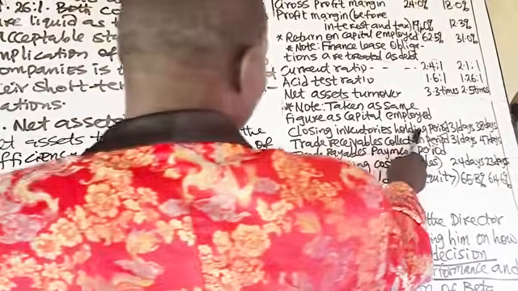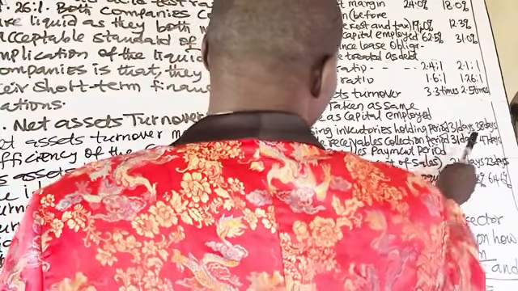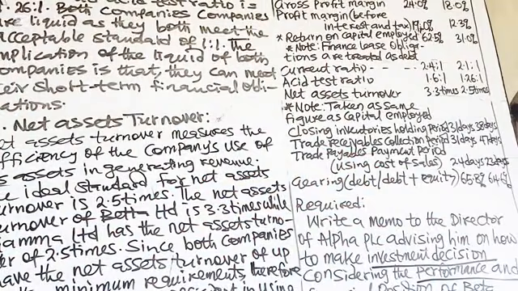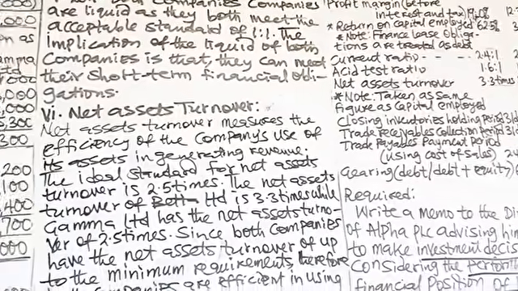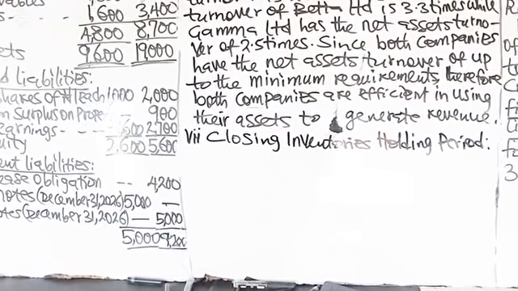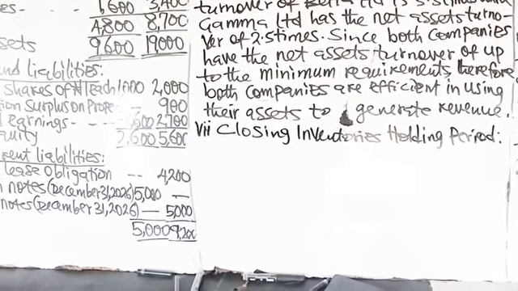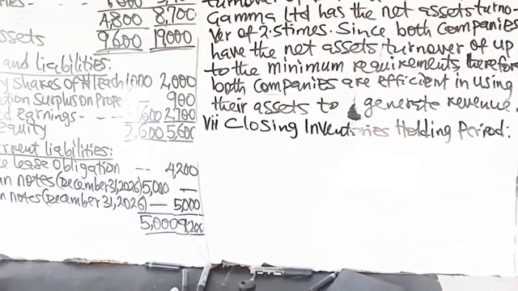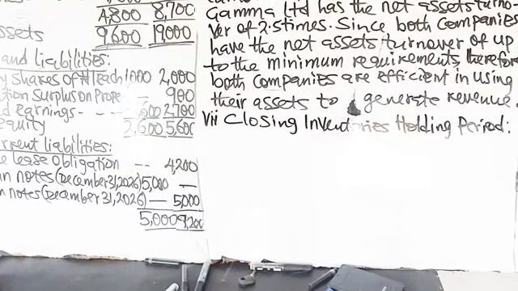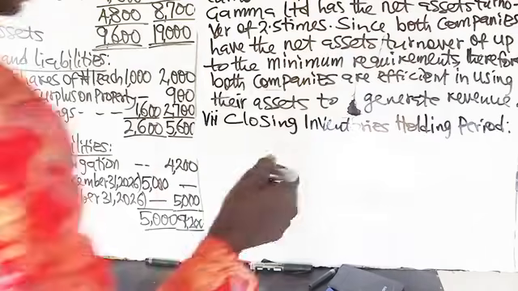For Beta we have 31 days and 38 days for Gamma. Beta Limited has the least inventory holding period. Beta Limited's 31 days is better than Gamma Limited's 38 days.